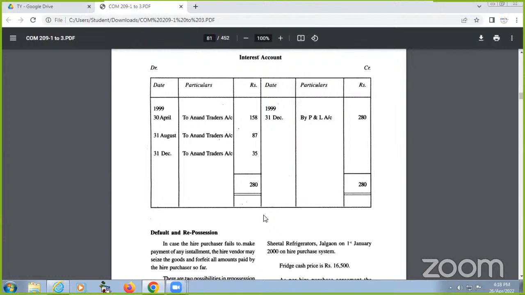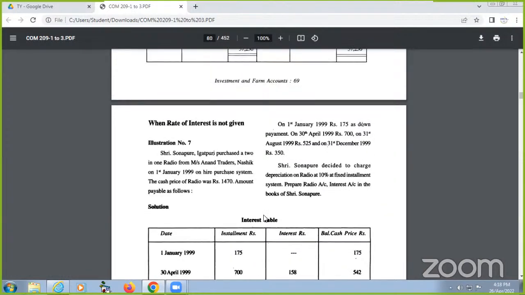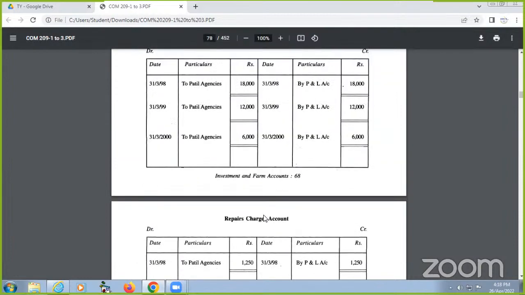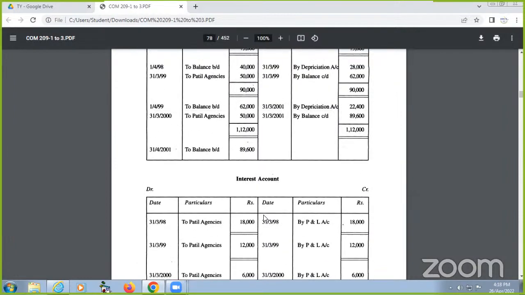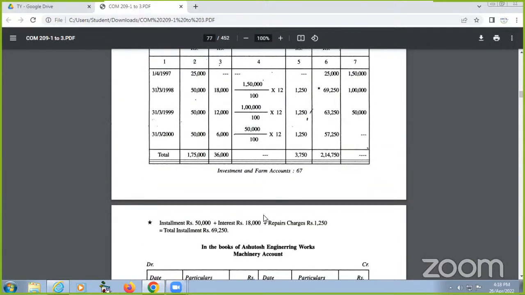In the last lecture, we covered the hire purchase system which we follow in investment account, and after that we started our purchase system.